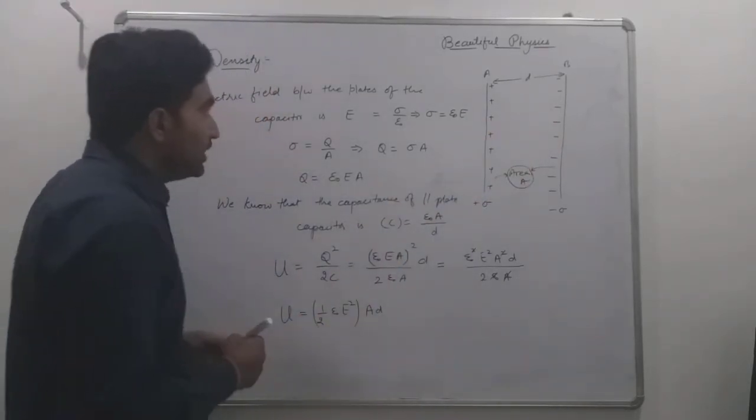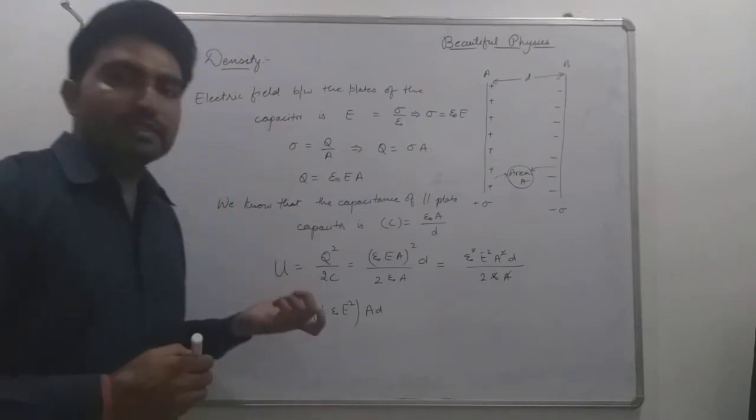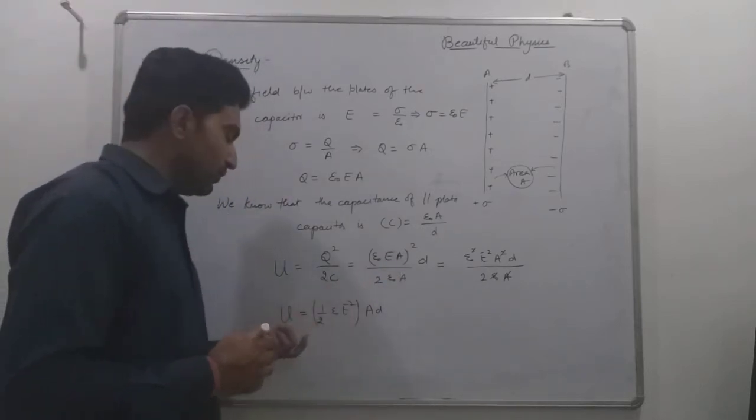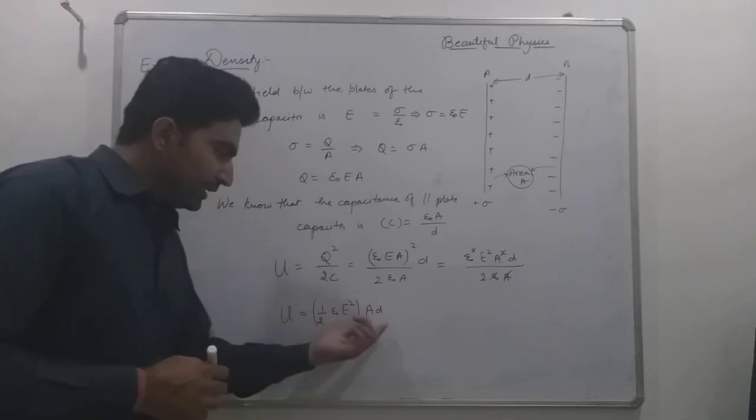So we have to find out the energy density, and energy density is equal to energy per unit volume. Here is our energy and here is the volume.